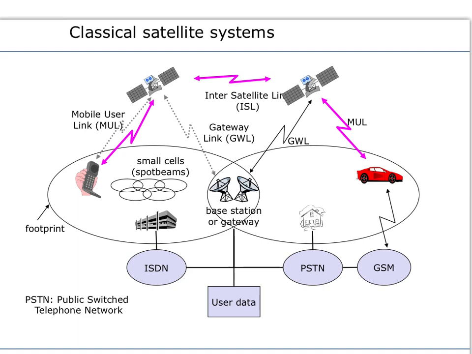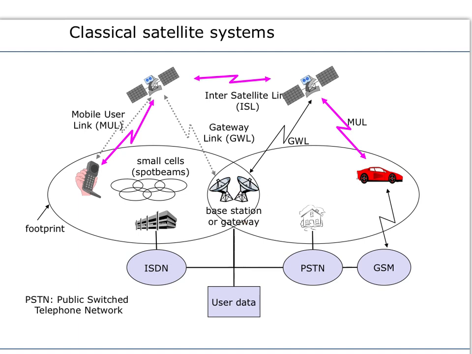So we have the mobile user link, okay, and then the satellites are used, as we said, as a backbone to the networks, whether it's a GSM network, PSTN, ISDN, or submarine communication, or whatever. The satellites can relay the traffic to a ground gateway. So this ground gateway acts as a bridge. This ground gateway maintains some association between the mobile user and the different satellites.